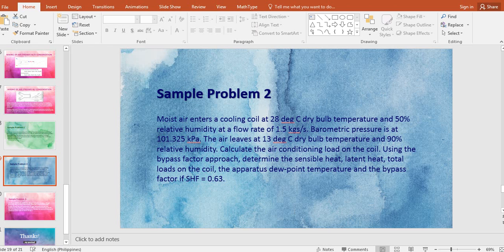Next we use the sensible heat factor of 0.63. You are to determine the bypass factor, the sensible heat, the latent heat, and the total loads of the coil, and the apparatus dew point temperature, using this sensible heat factor of 0.63.